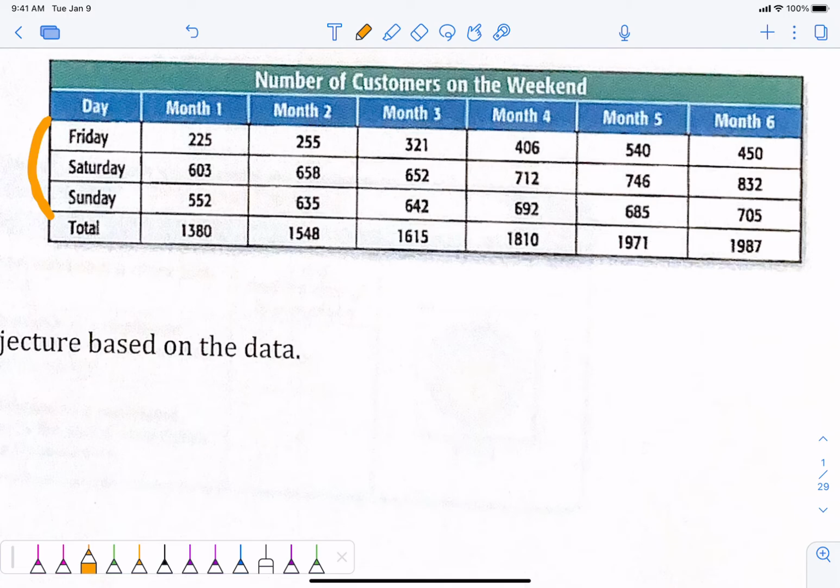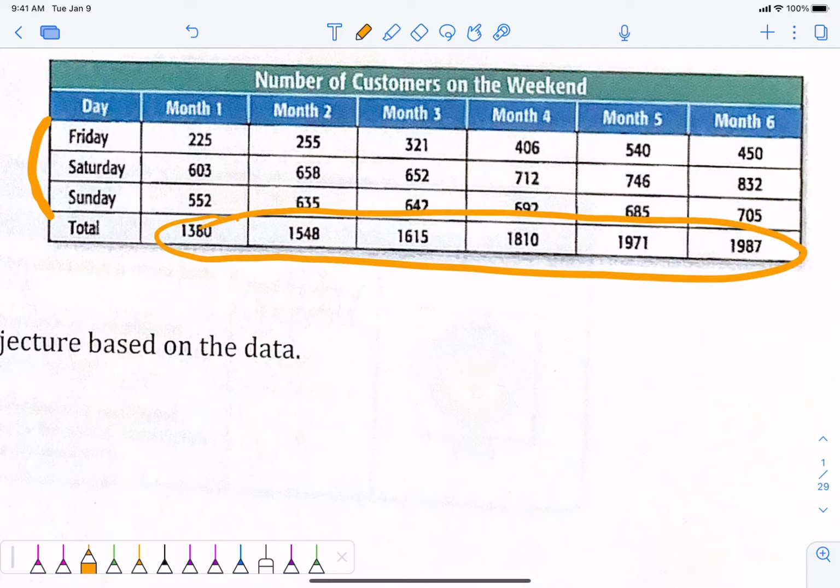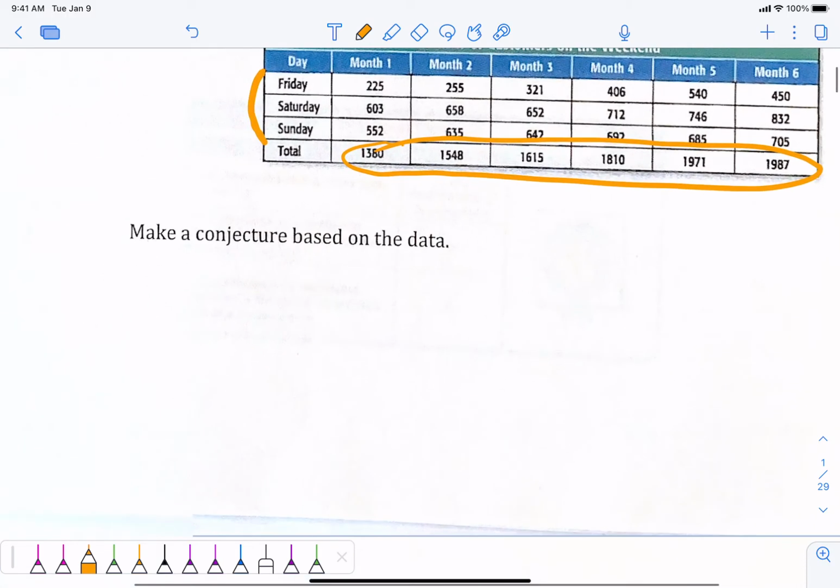Fridays always have less, okay? In general, if we just look at the totals over those past 6 months, it's increasing steadily and it's never decreasing, right? So if this pattern continues, are we going to need to hire more people to work? Yes. So the general conjecture is yes, hire more people.